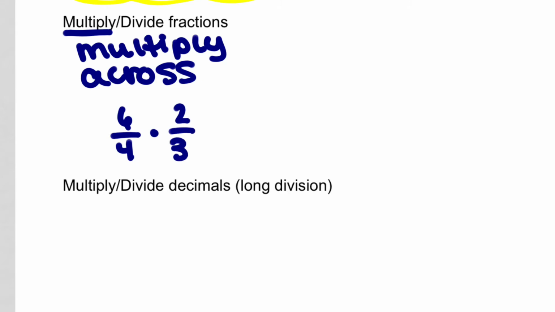Well, multiplying straight across, I'd take 6 times 2, and I would take 4 times 3. So 6 times 2 is 12, and 4 times 3 is 12. That just so happens to turn out to be 1. Okay, that's good. So multiplying, easy peasy, we've got this.